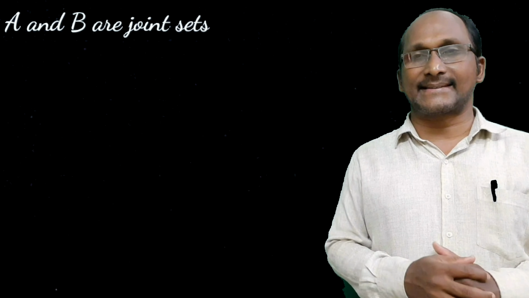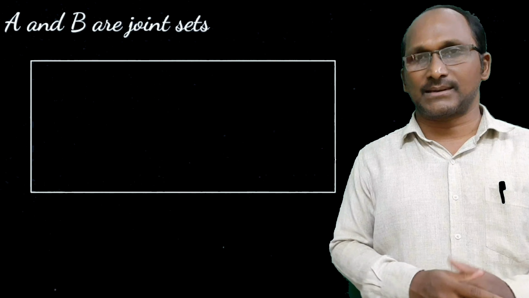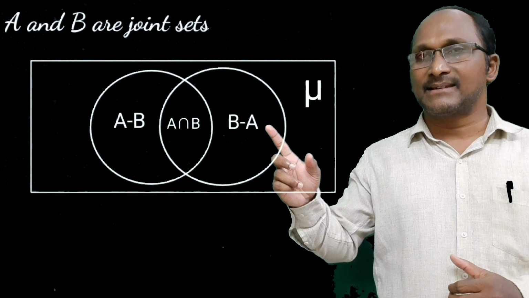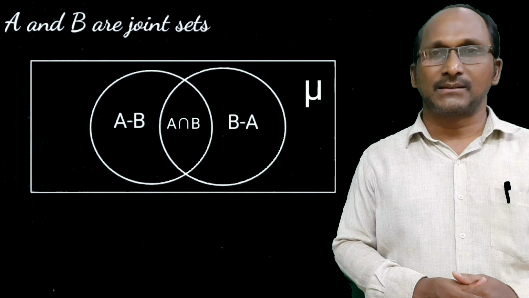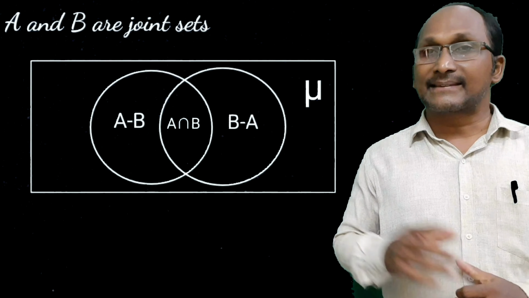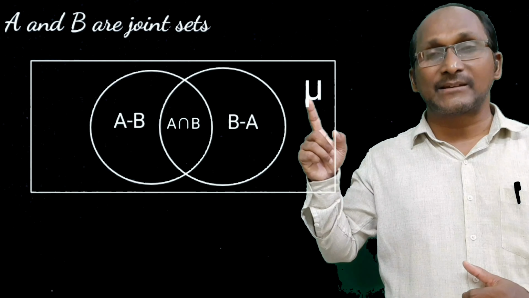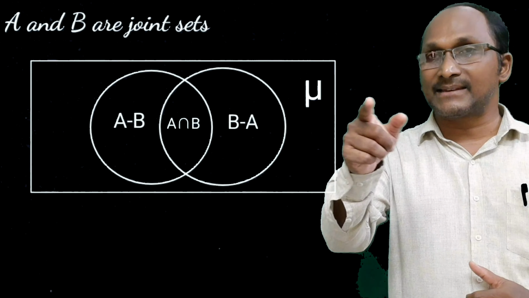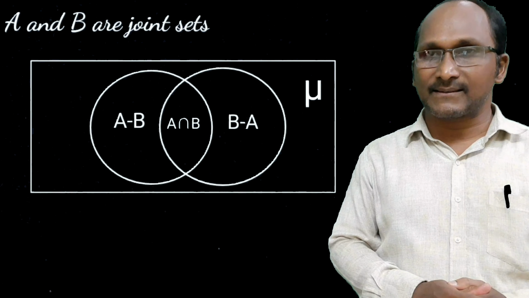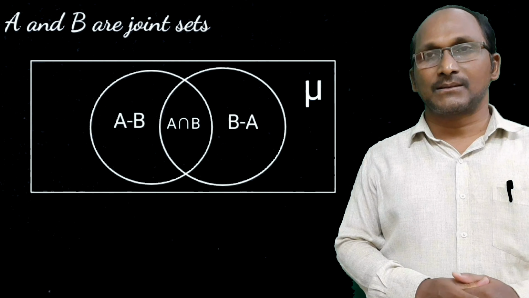If A and B are joint sets, then their Venn diagram can be shown like this. In this case, the sets A and B have some common elements. So here, the sum of the number of elements in A and the number of elements in B can't be equal to the number of elements in A union B, because they have some common elements.